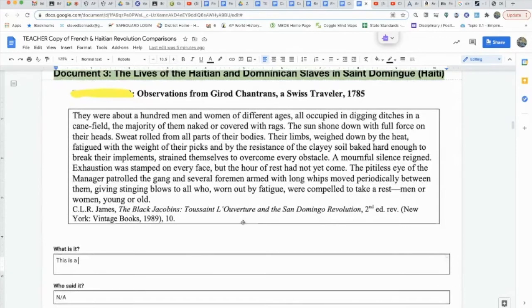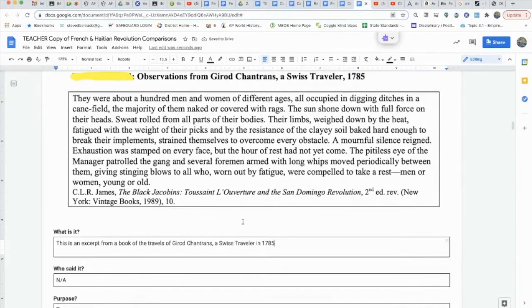Okay, this is an excerpt from a book of the travels of Girard Chantras, 1785.